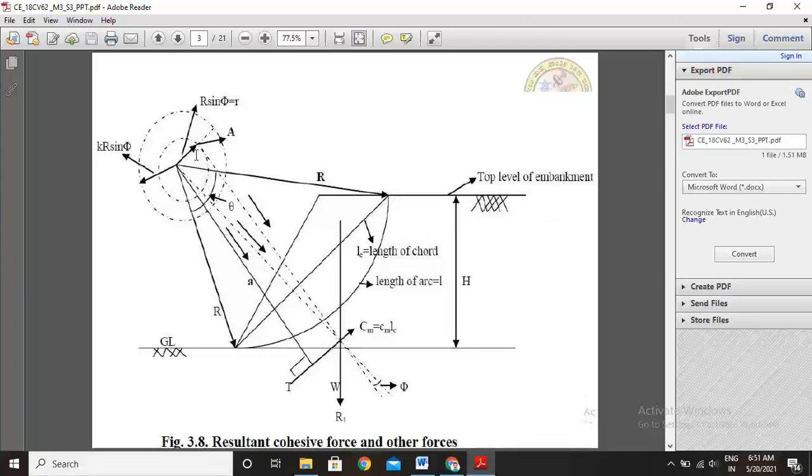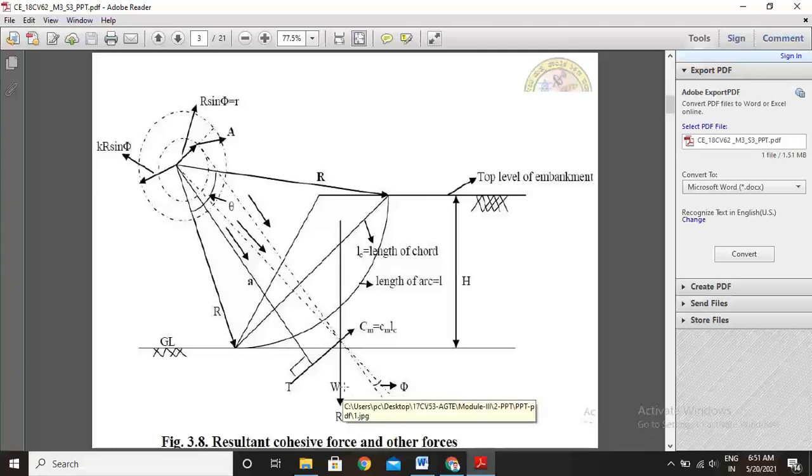And these dotted lines are the friction circles, denoted to locate the phi value.